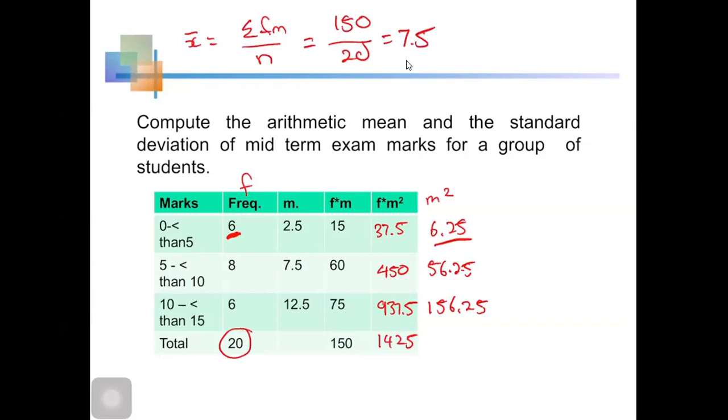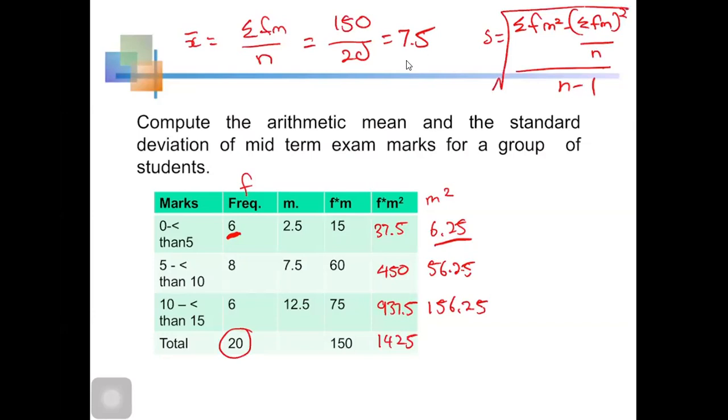Then to calculate our standard deviation, the formula is the square root of sum of Fm square minus sum of Fm in bracket square divided by n, divided by n minus 1.